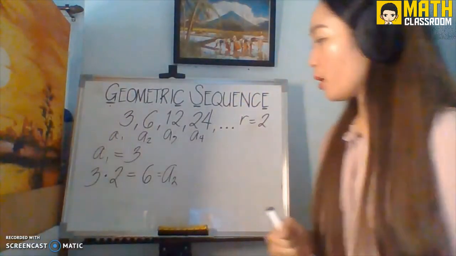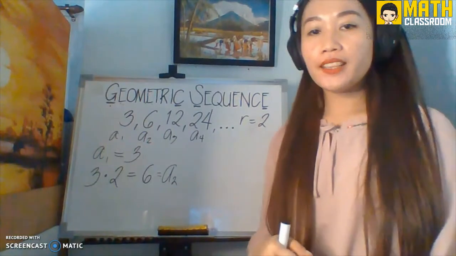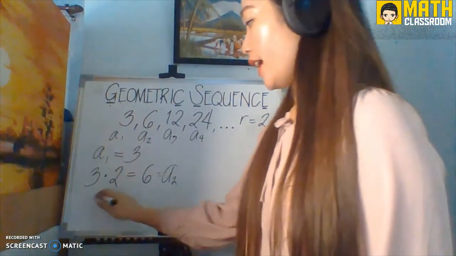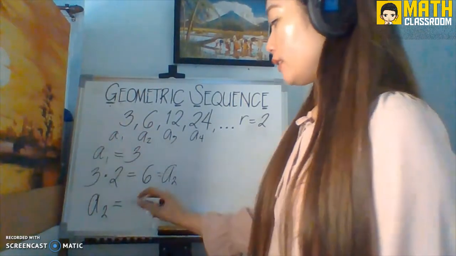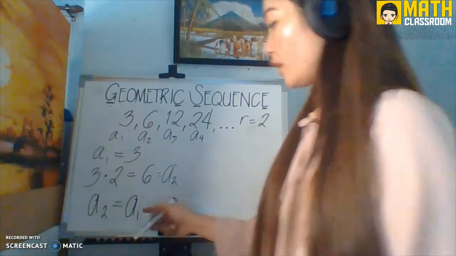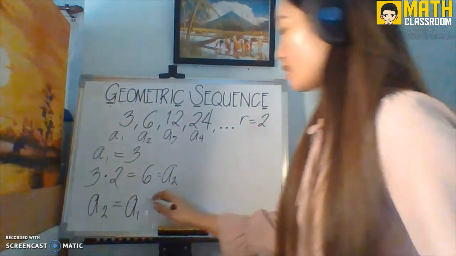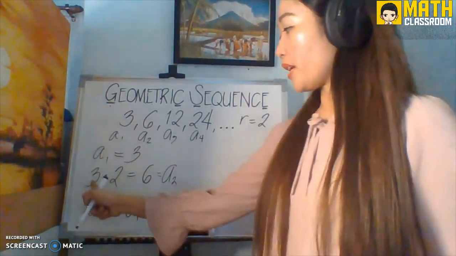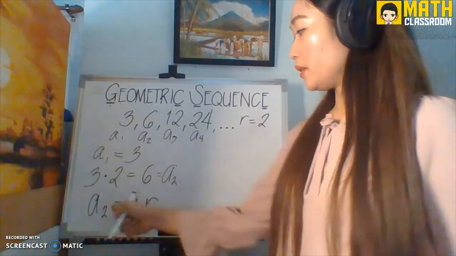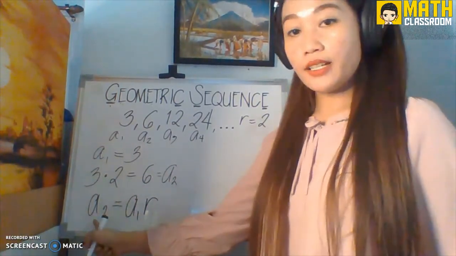So we can say that in finding the value for a sub 2, we got that from the a sub 1. So we will multiply a sub 1 by the common ratio, which is r. So a sub 1, 3 times 2, the common ratio, that's equal to 6, which is our a sub 2.